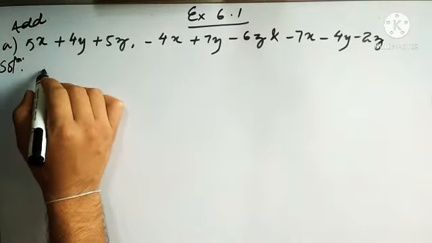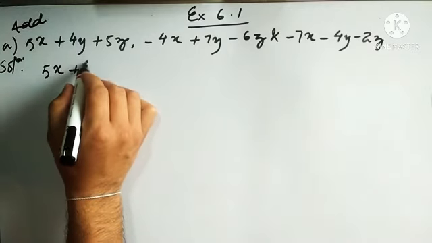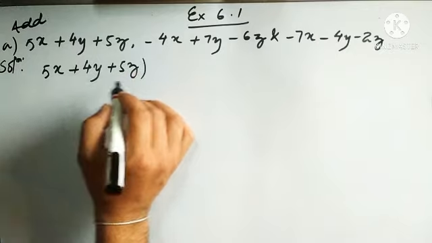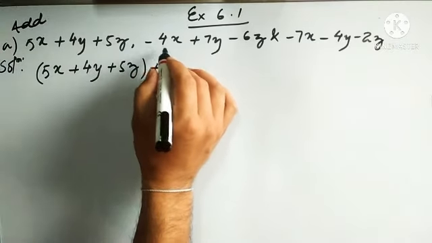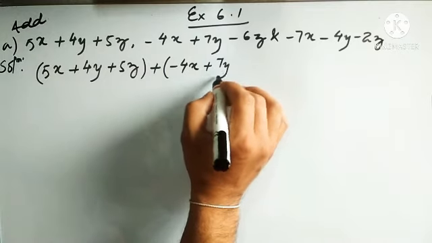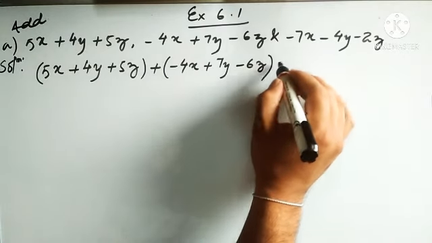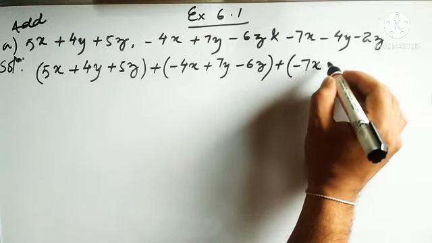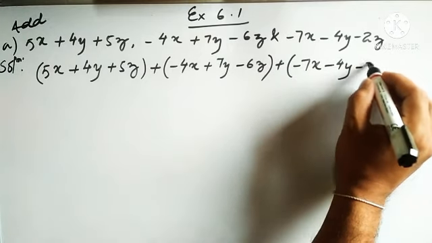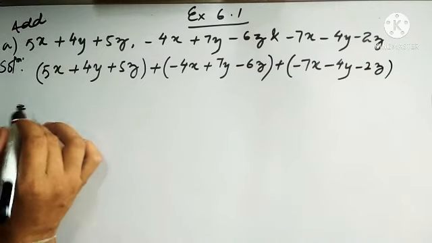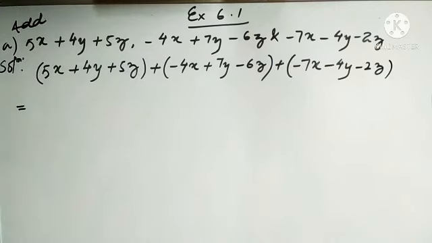First we'll write 5x plus 4y plus 5z, plus the next, minus 4x plus 7y minus 6z, plus the last expression, minus 7x minus 4y minus twice z. In the second step, let us open the bracket.